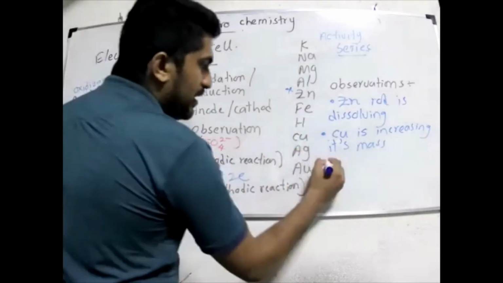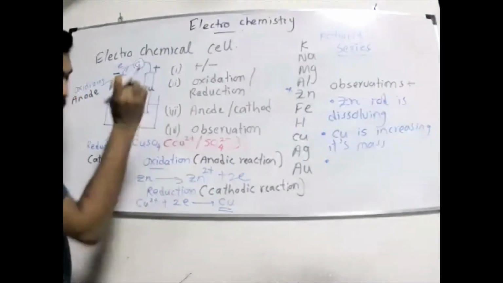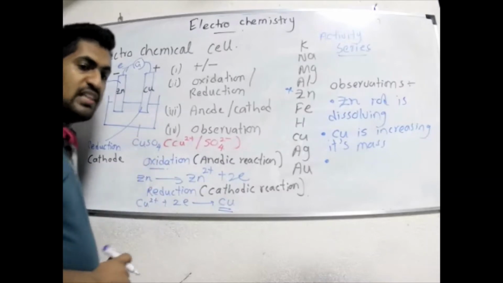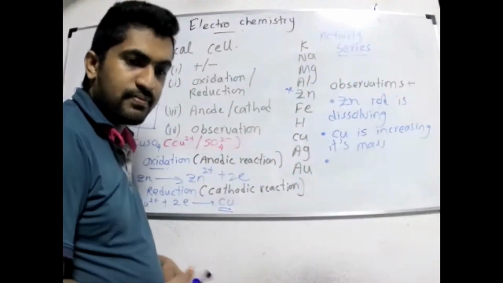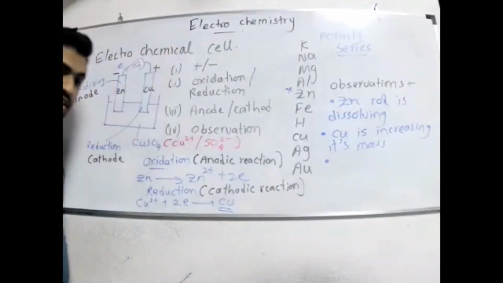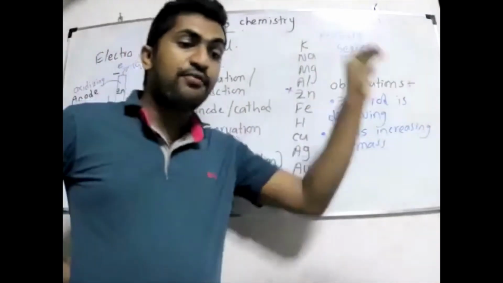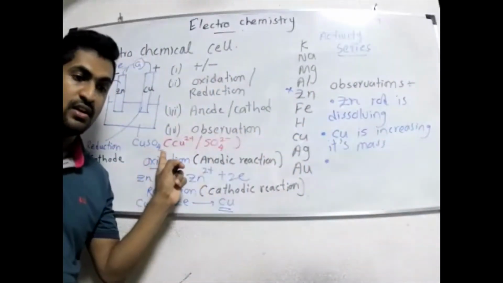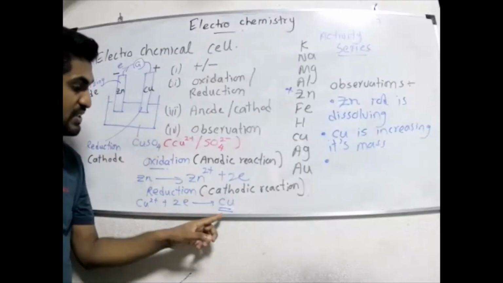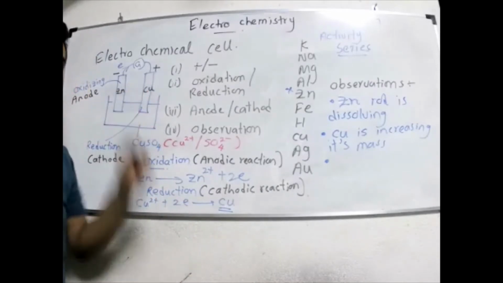Another one. This copper rod is plated by copper which came from the copper sulfate solution. What is the color of copper sulfate? Blue color. The blue color of the solution came from the copper 2 plus ion. So this copper 2 plus is depositing as the metal, plating around this copper rod.